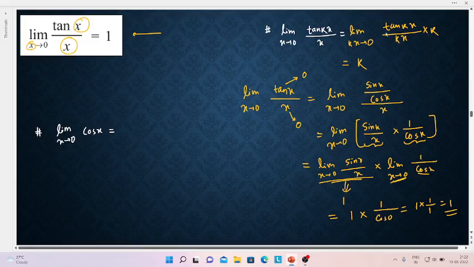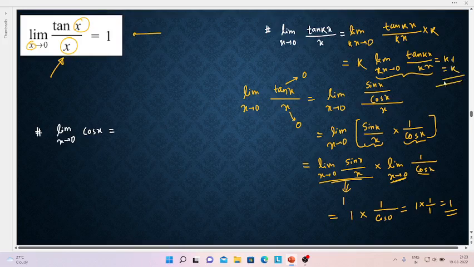So k will be outside of the limit, and we will have k times limit kx tends to 0 tan kx upon kx. Now you can see this is of the form of the previous one, so that is nothing but equal to 1. So that will become k times 1, which is nothing but k. So basically limit x tends to 0 tan kx upon x is nothing but equal to k, right?